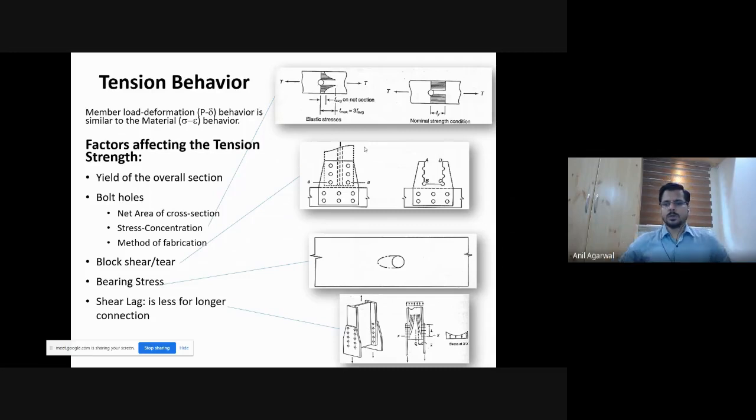Basically, design of any member has two considerations. One is the strength consideration, and the other one is serviceability consideration, right? For tension and compression members, generally serviceability considerations are not that significant. Serviceability does play a role when we are talking about overall deflection of the building or a tower or the bridge, but that is limited to that extent.